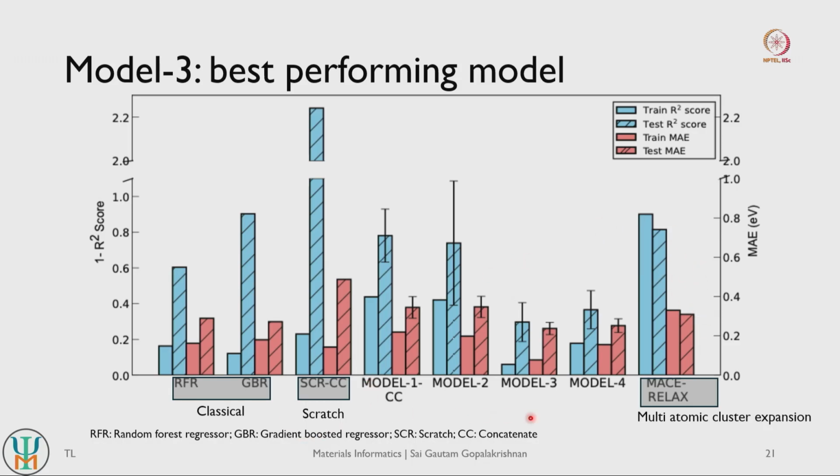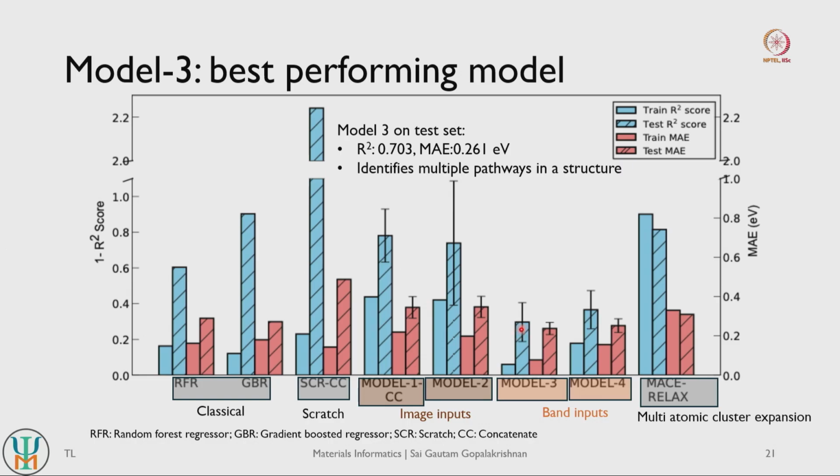And then the 4 models in between are the architectural modifications that we tried out with our MPT models. The first 2 contain just images as inputs, so models 1 and 2 here, and models 3 and 4 basically take bands as inputs, right. So the main takeaway message is that the best performing model is actually our model 3, which takes into account the band as an input without any attention, right.